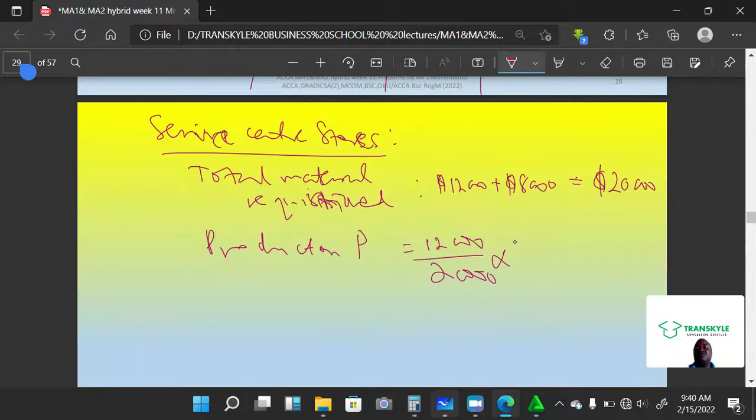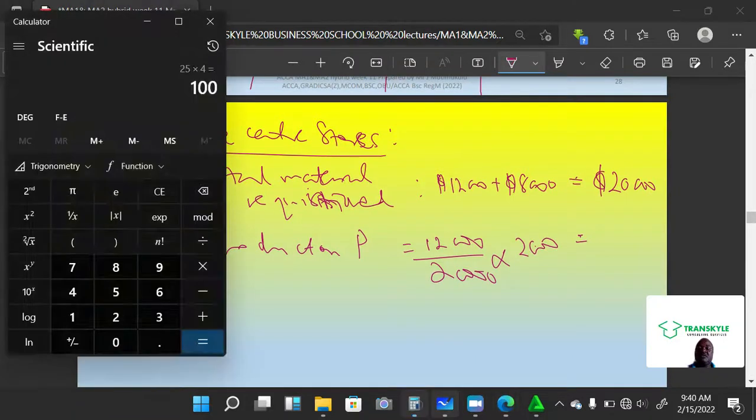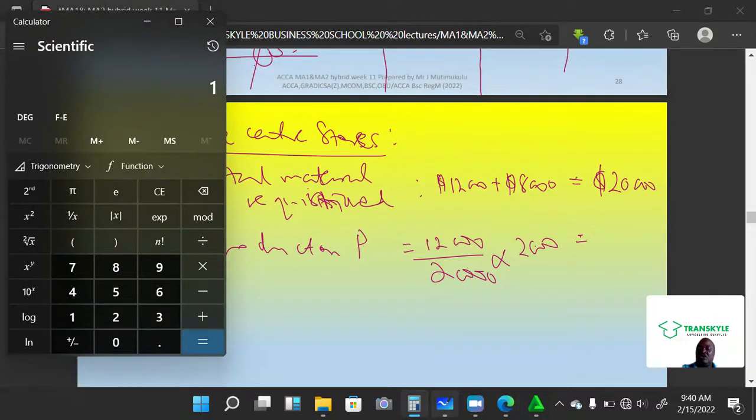Please do not be thrown overboard. So 12,000 over 20,000 multiplied by 2,000, we get 1,200.